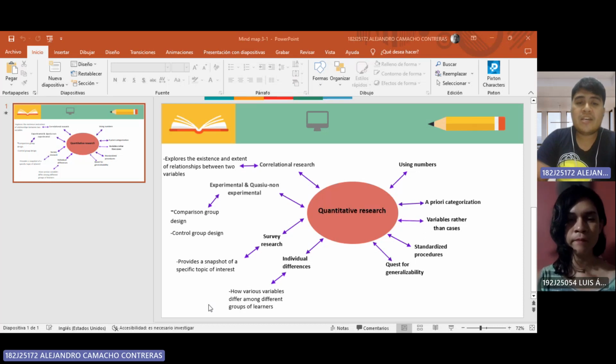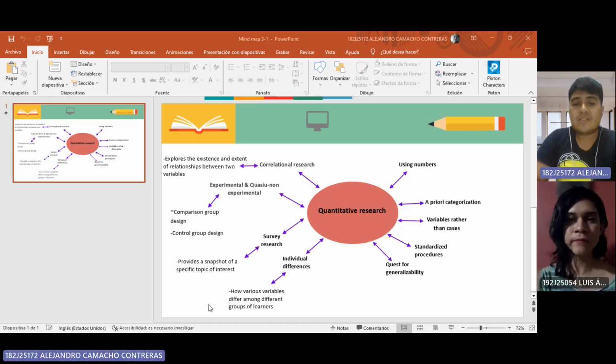The third one is variables, which refers to the characteristics or attributes that are measured or manipulated to observe the relationship or effects. The next one is standardized procedures, which involve using consistent and uniform methods to assess objective reality.